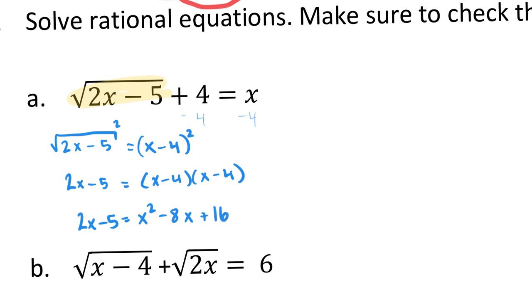But the foiling of x minus 4 times x minus 4 is x squared minus 8x plus 16. Okay, then I need to just bring everything over to the left side. Add the 5, add the 5. So I end up with x squared minus 10x plus 21 equals 0. And that's a quadratic, so we're going to factor to solve.